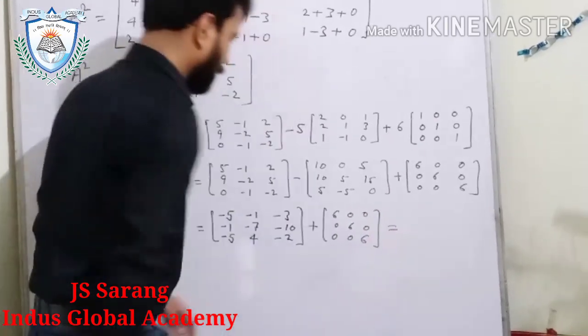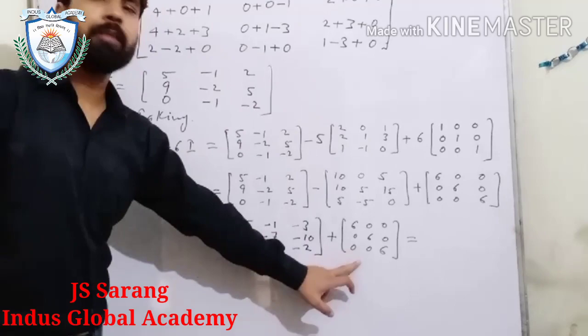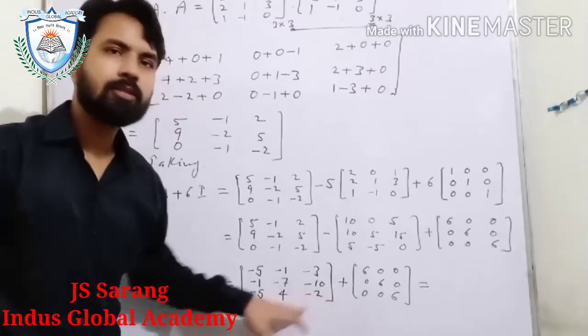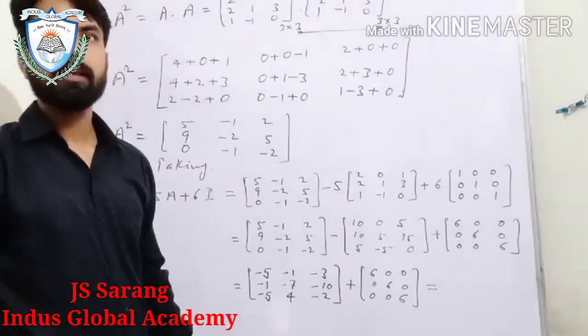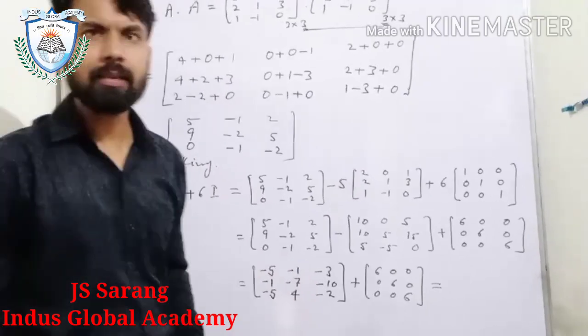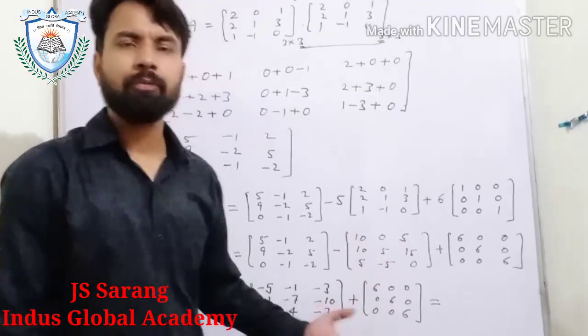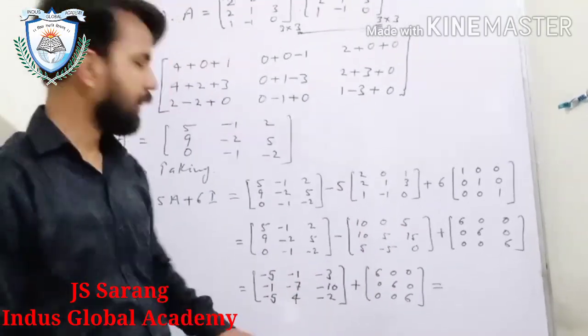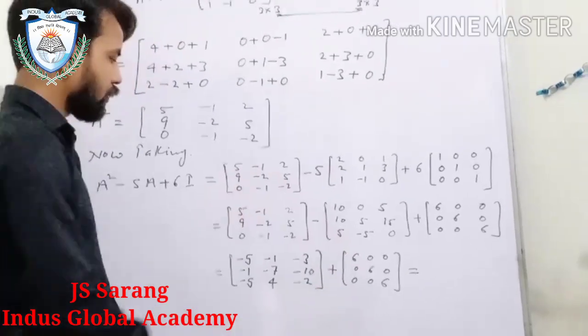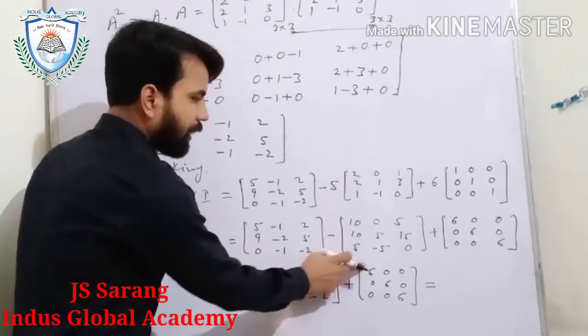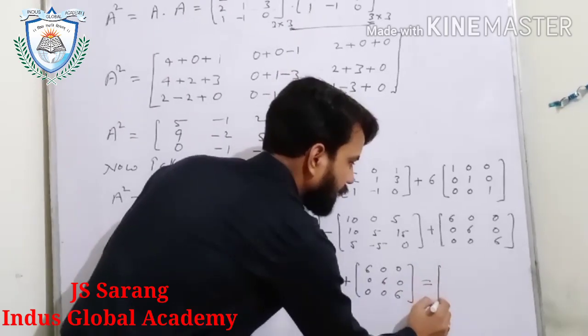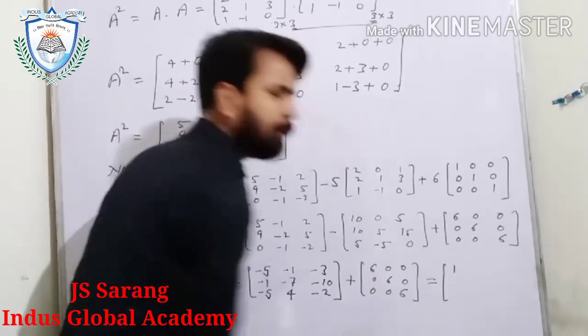Now see, first matrix plus second matrix. Now we have to add these two matrices. Again, the process for adding two matrices is the same as subtraction. We will add the corresponding elements of both matrices. So see, minus 5 plus 6 gives you 1.